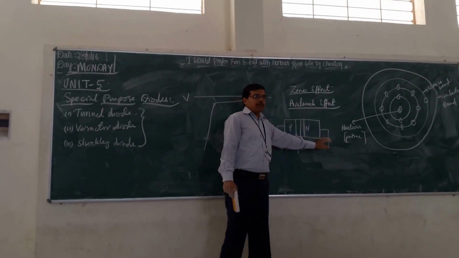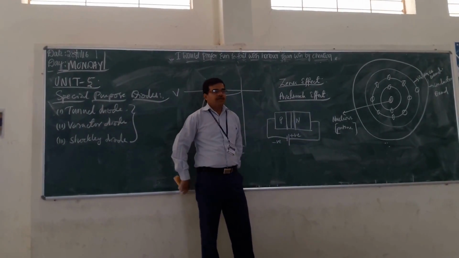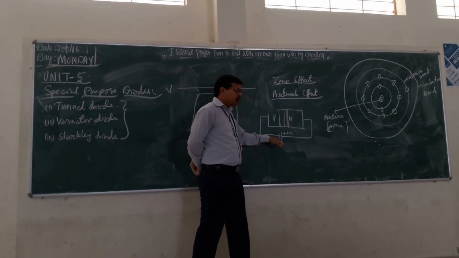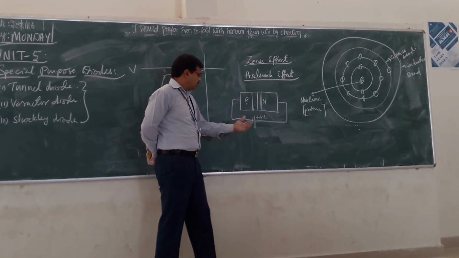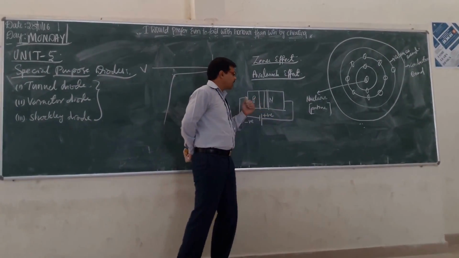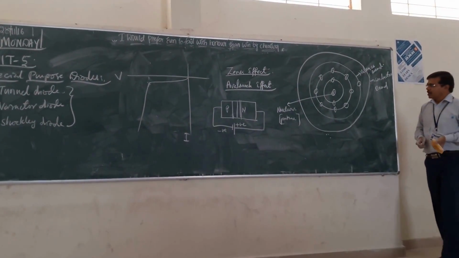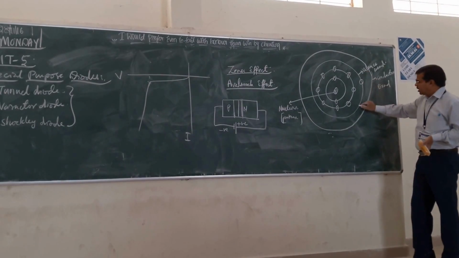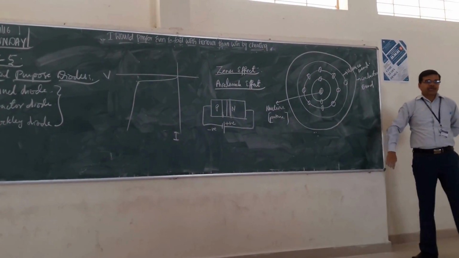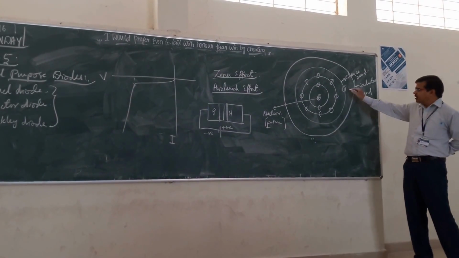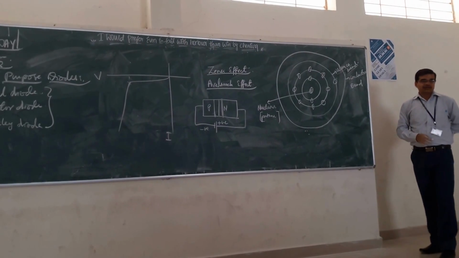The p-type material is connected to the negative and the n-type material is connected to the positive of the battery. Here, when we increase the voltage, just see this electronic configuration. The outermost orbit, which is partially filled with electrons, is called the valence band.